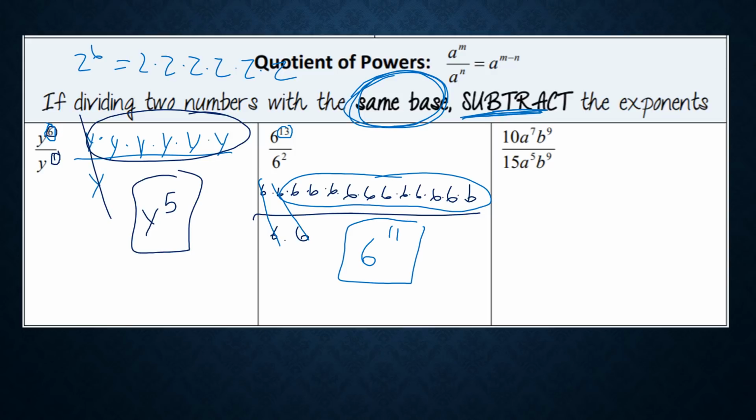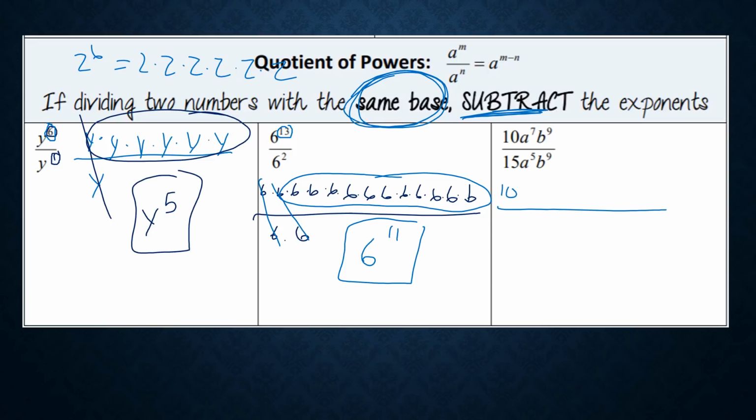So let's take a look at that next one. We've got 10, a to the 7th, b to the 9th, over 15, a to the 5th, b to the 9th. So let's go ahead and start by writing this out here. So we've got 10, write that all out.